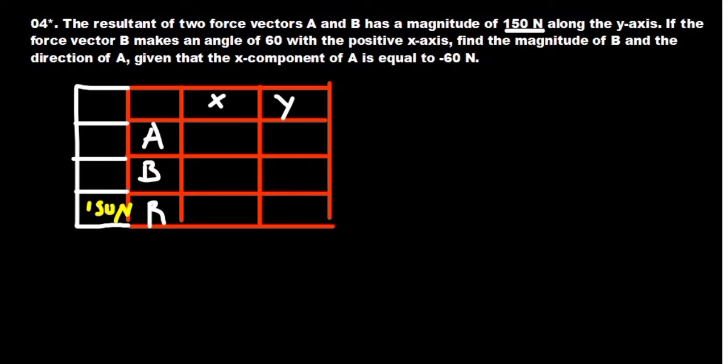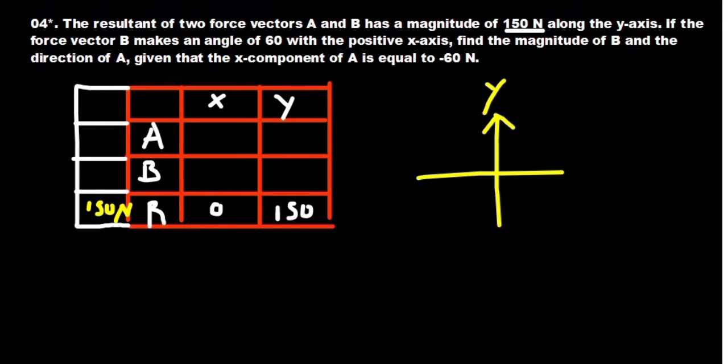It's along the y-axis. This means that after all the components are added, the resultant is along the y-axis. It tells you that the x component is going to be 0 because it's along the y-axis. Then the y component automatically becomes 150 as well.